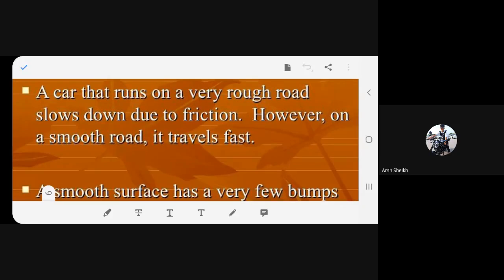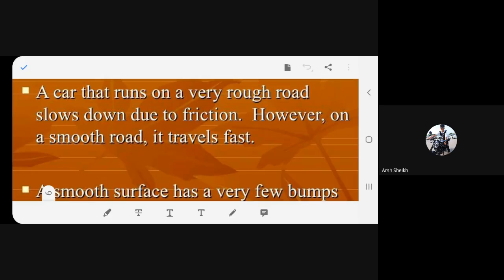No, it cannot. So on a rough road, the car speed is not much. Why? Because of friction. So on a rough road, friction is more. On a smooth road, friction is less. That's the reason on a tiled floor, if it is polished very nicely, sometimes you may fall because the friction is very less. In the school also, you could slide down. Remember?